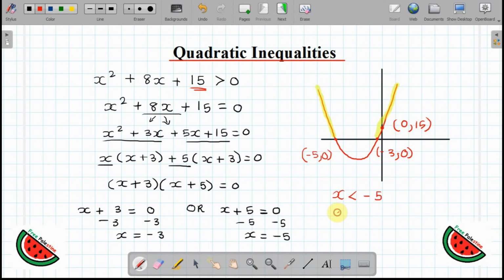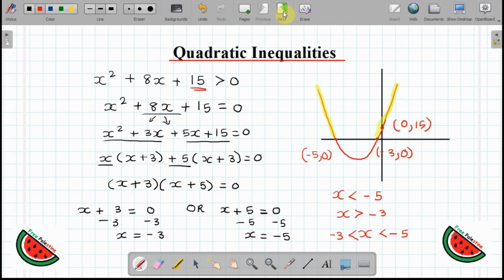So x has to be greater than -3. And that would be suitable for my solution for this quadratic inequality. But I can write this as one inequality where x is less than -5, but yet it is greater than -3. So those two fulfill my quadratic inequality.